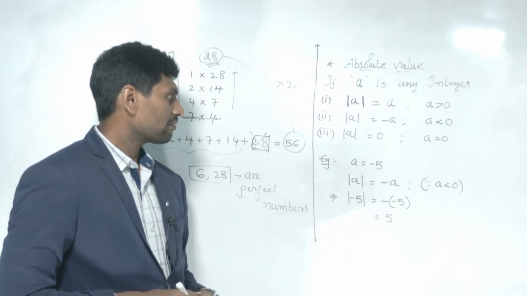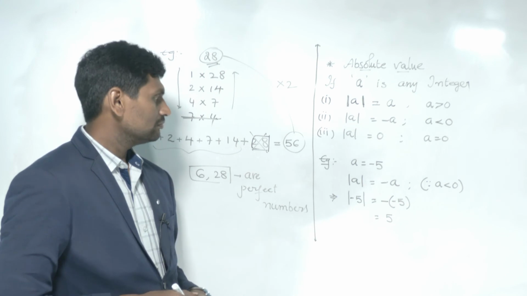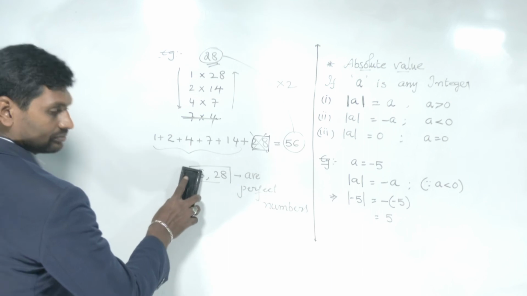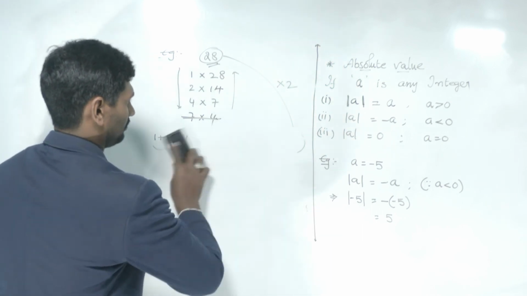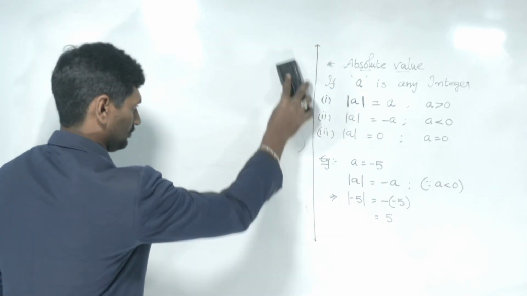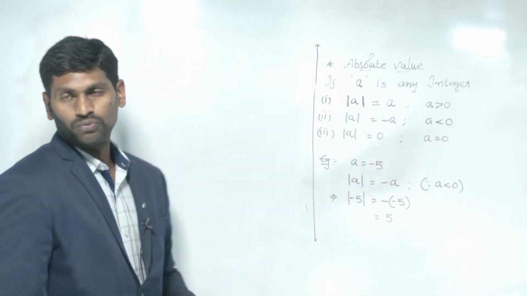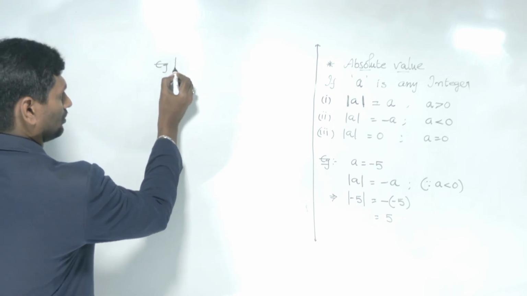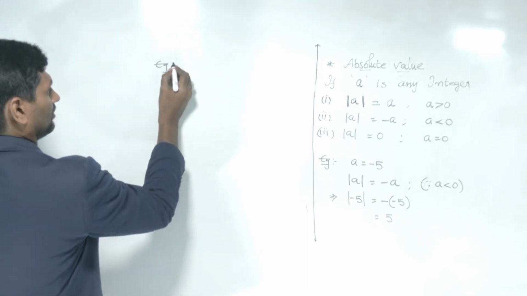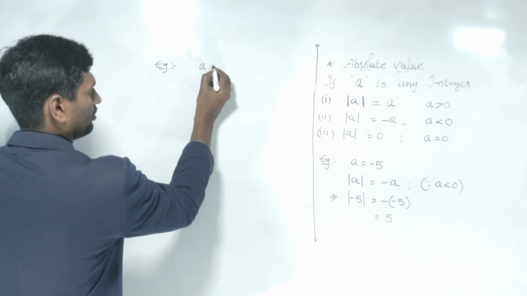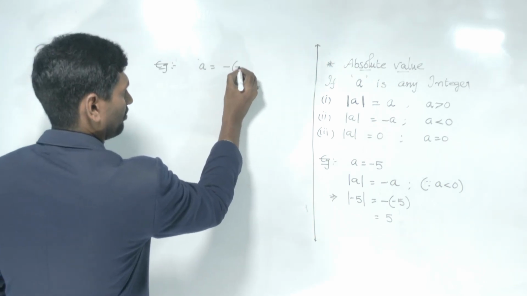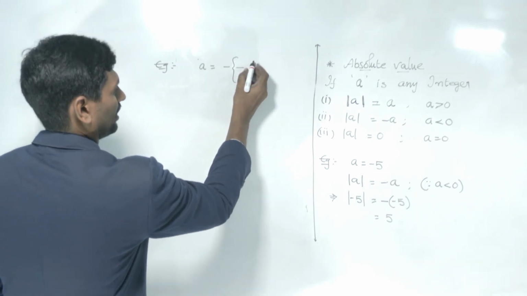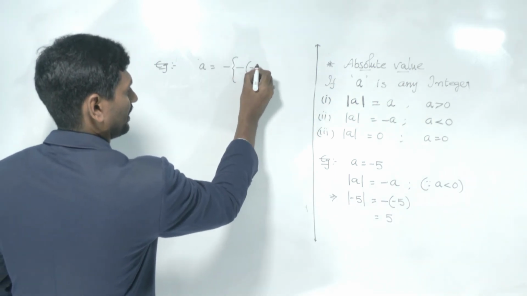Correct? Please note it. We'll discuss one more example. I'm taking a value of minus of minus 7.